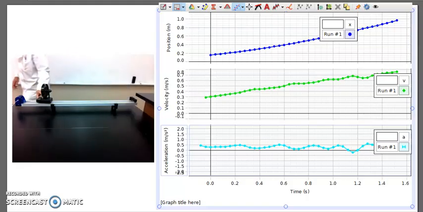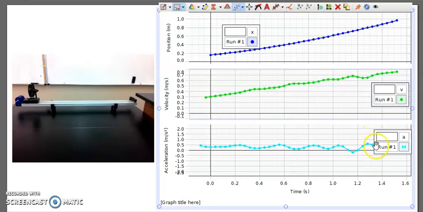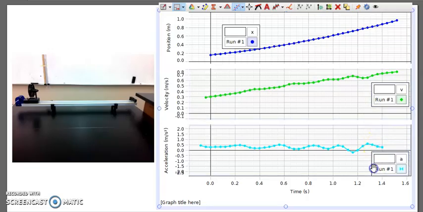Okay, so let's start off with the graphs that we see. And let me move the legends a bit so you can actually see it. And then because of some artifacts within the software itself, I'm going to apply a little bit of smoothing, first to the velocity graph, and then to the acceleration graph.